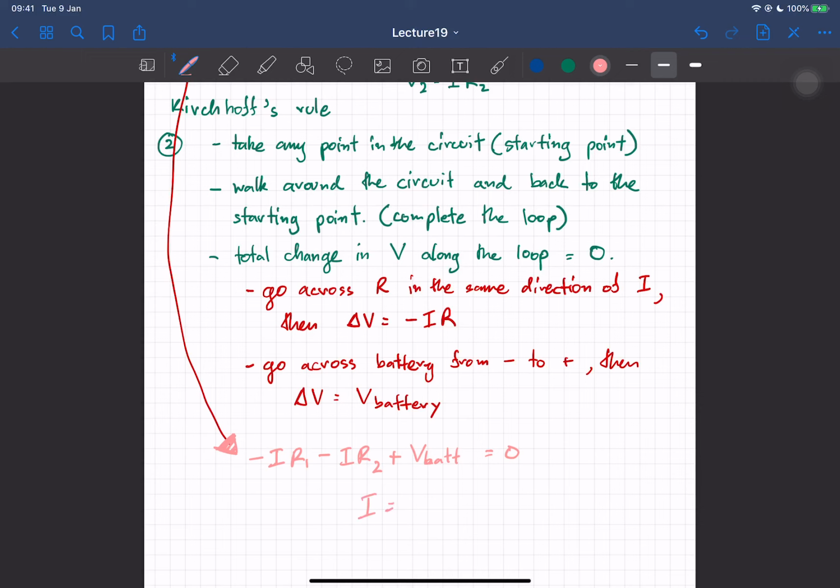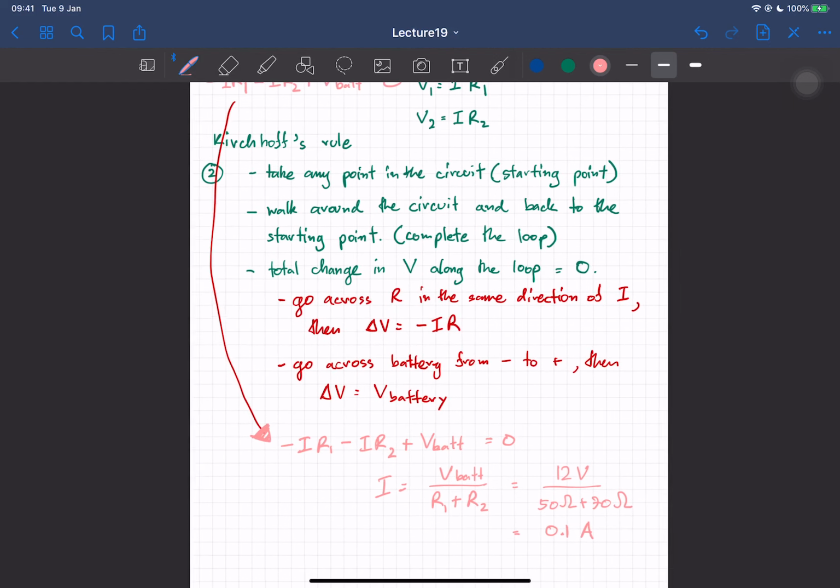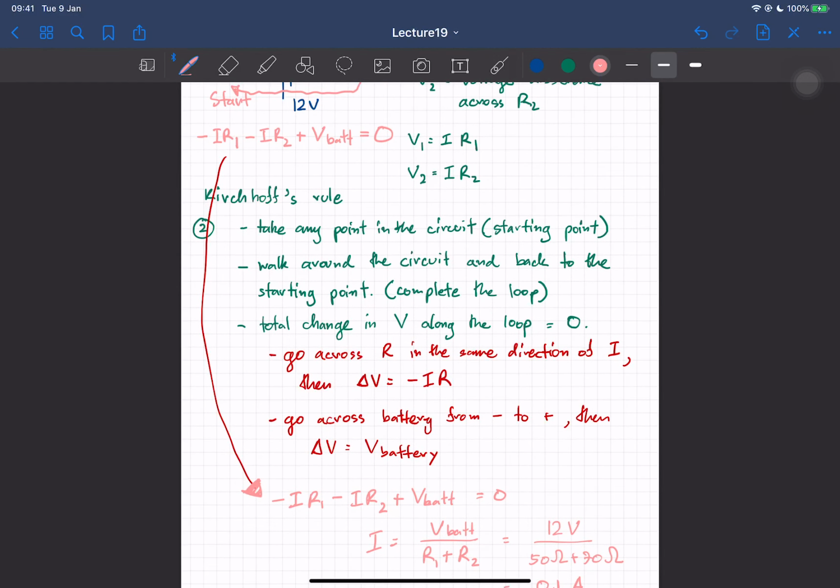So the current is just V battery divided by R1 plus R2. That's going to be 12 volts divided by 50 ohms plus 70 ohms, which is 0.1 ampere. So you can see that using Kirchhoff's rule, we can calculate the current in this way.